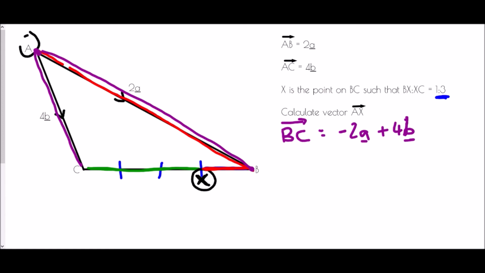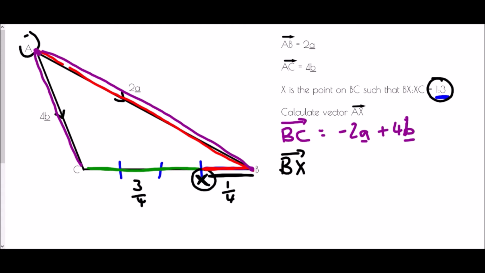But in our journey, we actually only want to go from B to X. And so, to get from B to X, I need to think about what proportion of BC I'm actually dealing with. Now, because this is a ratio of 1 to 3, it's got 4 equal pieces. And so this piece is 1/4, and this is 3/4.